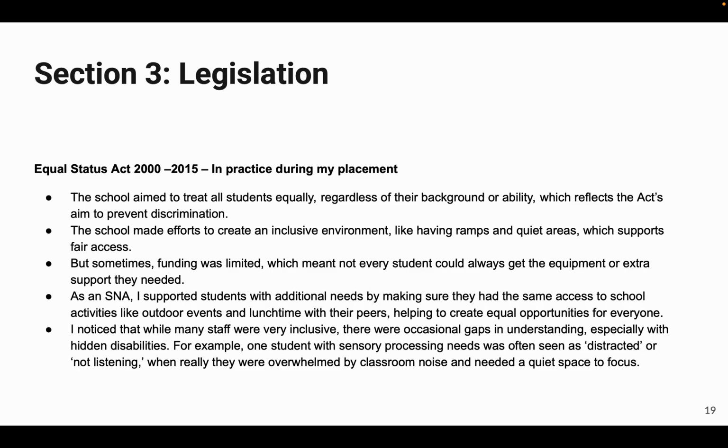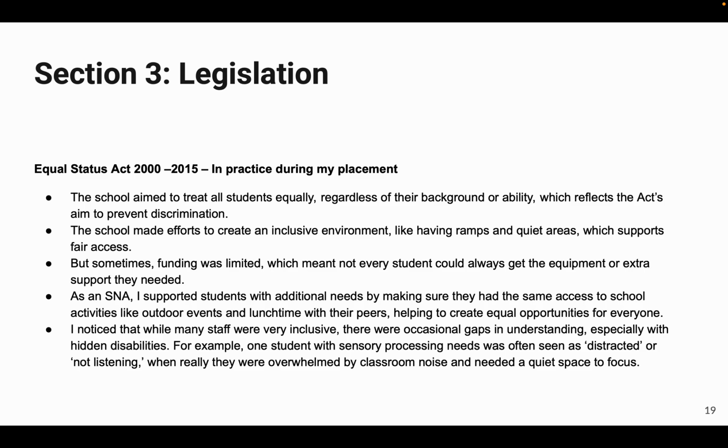As an SNA, I supported students with additional needs by making sure they had the same access to school activities like outdoor events and lunchtime with their peers, helping to create equal opportunities for everyone. I noticed that while many staff were very inclusive, there were occasional gaps in understanding, especially with hidden disabilities.